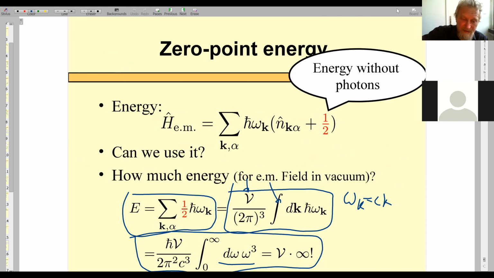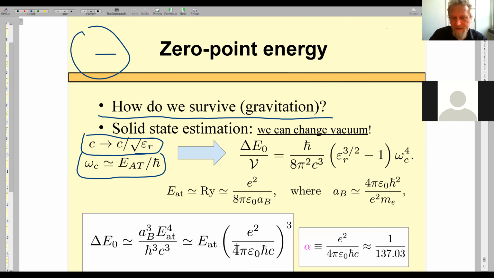So here we just take a difference of cubes of velocities and we integrate over frequency, but I will restrict integration by some frequency of the order of atomic energies.